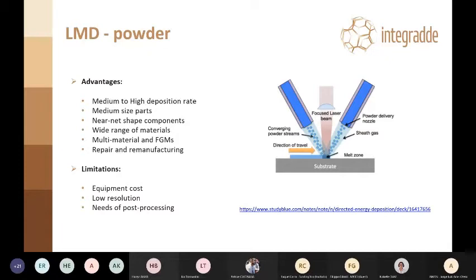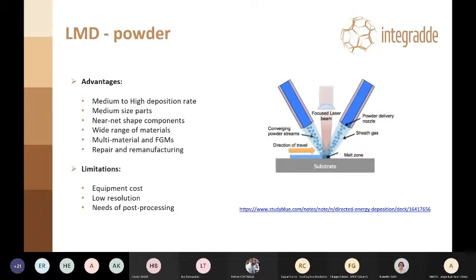We can use a wide range of materials, even multi-material or functionally integrated materials, and we can use it also to repair damaged components, not only to manufacture them.